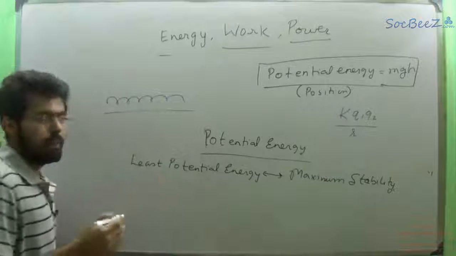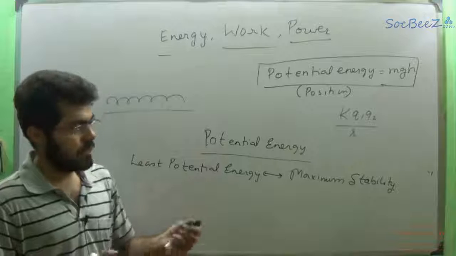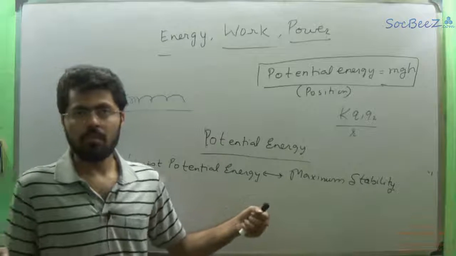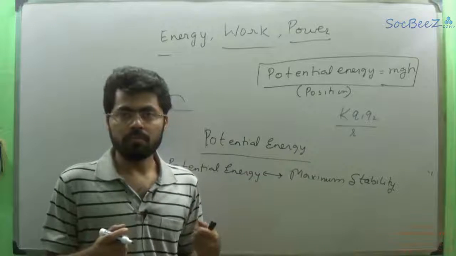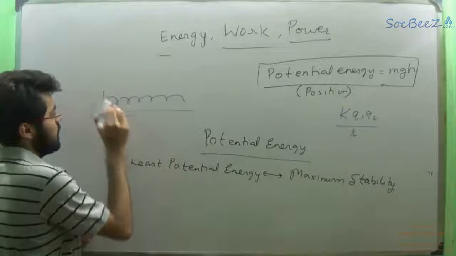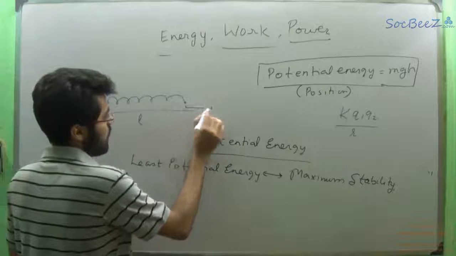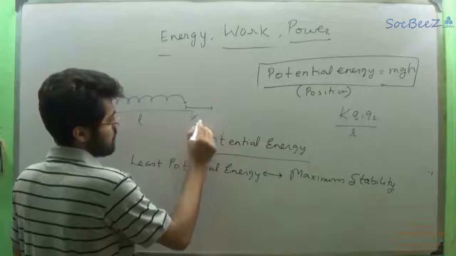A spring we all are familiar with. What happens? If you try to pull it apart, you need to apply some force. Suppose this is the natural length of a spring. You just try to pull it by x units.